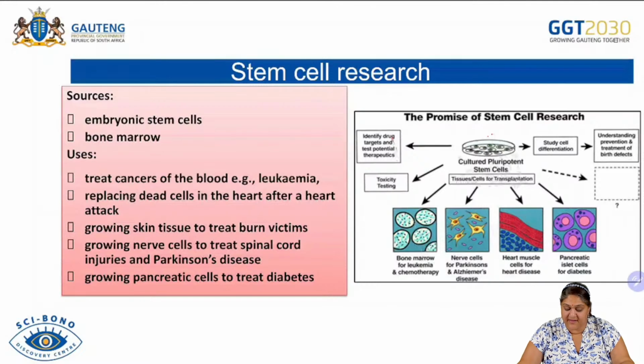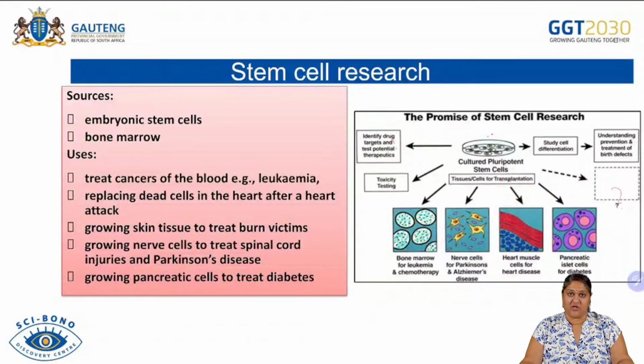They can use nerve cells for Parkinson's and Alzheimer's, heart muscle cells for heart disease, and pancreatic islet cells for diabetes. They can also understand prevention and treatment of birth defects. There are so many different things, and so many unknowns still, because they are still busy with this research. So that's all you need to know about stem cells.